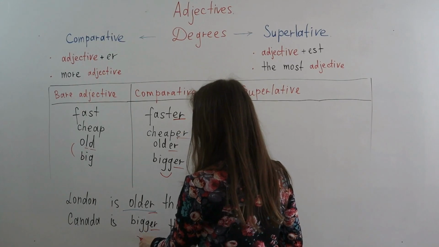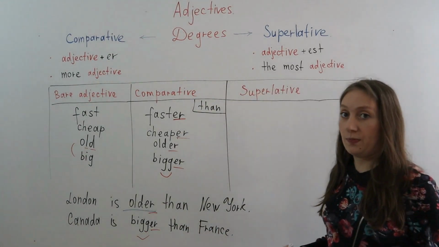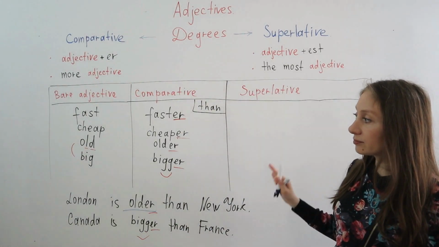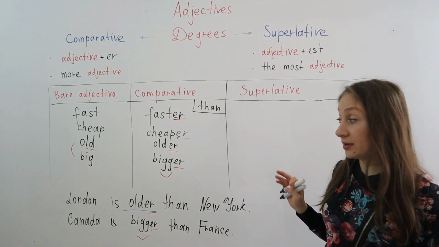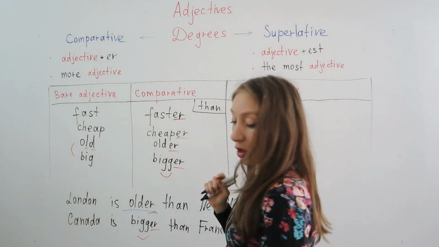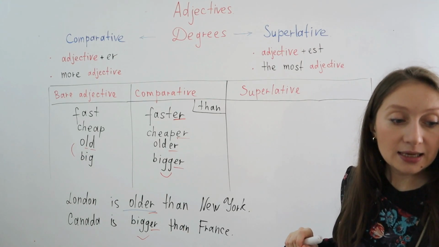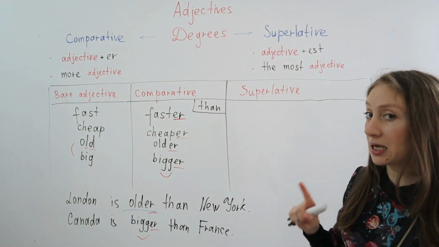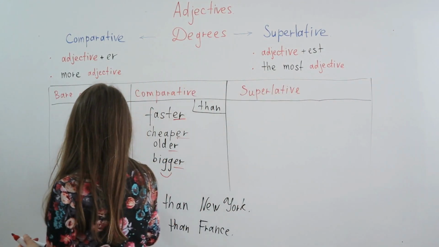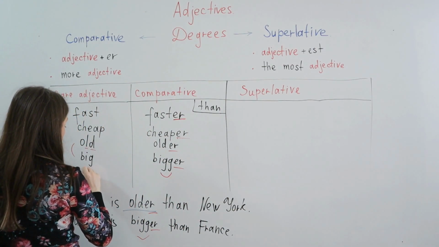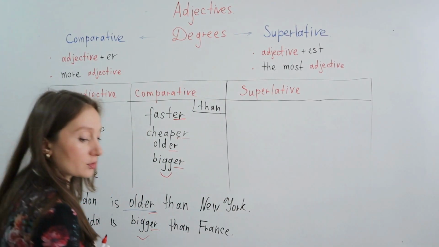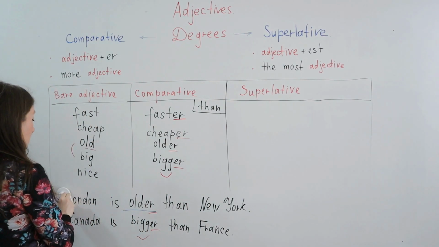We have ER and we have double G. So, right? The next one, the next example. So, it is nice. I will write it down and I will explain why it's a little bit different. Nice. So first, I will clean these sentences.